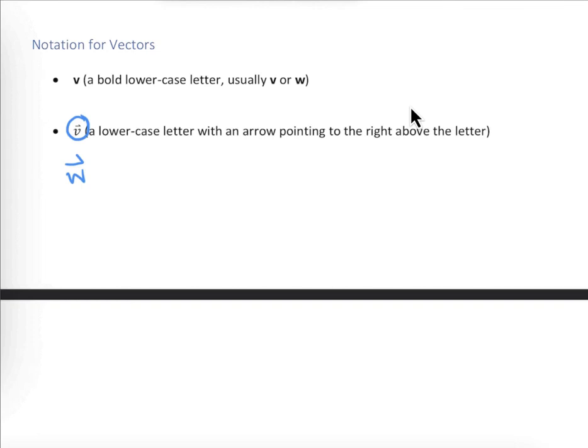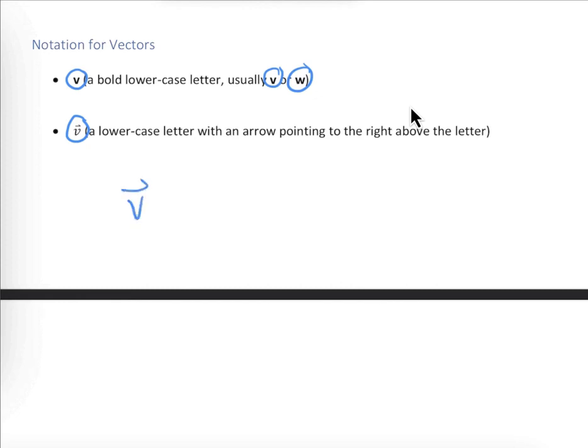Now, in a lot of textbooks, getting this arrow on the top of a letter is actually a little tricky to type, and so what a lot of textbooks will do instead is they'll just use bold letters, right? So a bold lowercase letter in a textbook will also represent a vector.